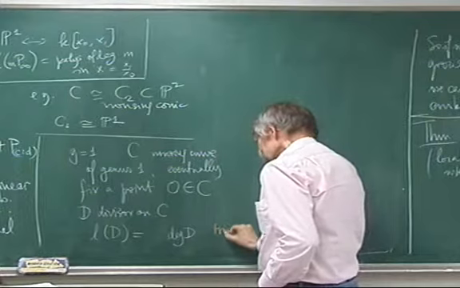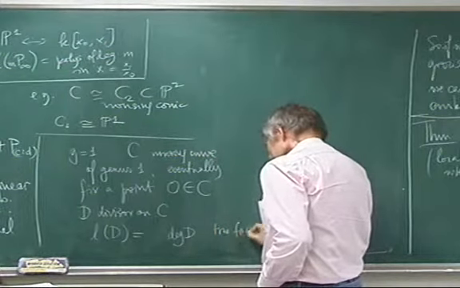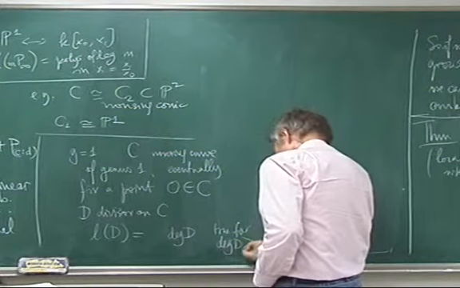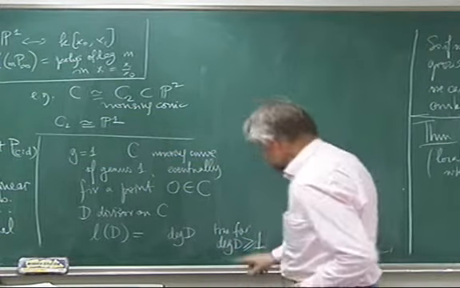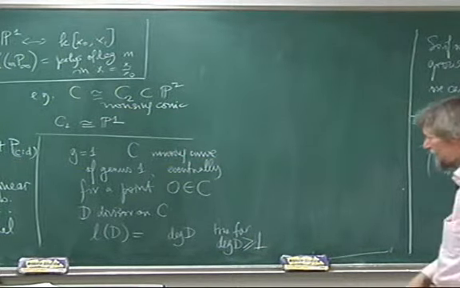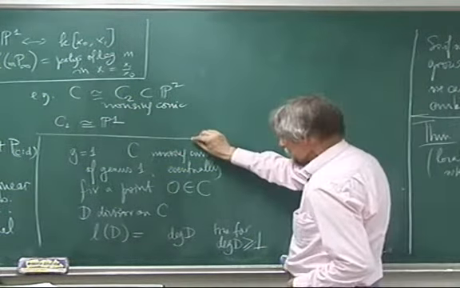It is true for degree D greater than or equal to 1. This is the 2g minus 1 that I had as the equality statement of Riemann-Roch.